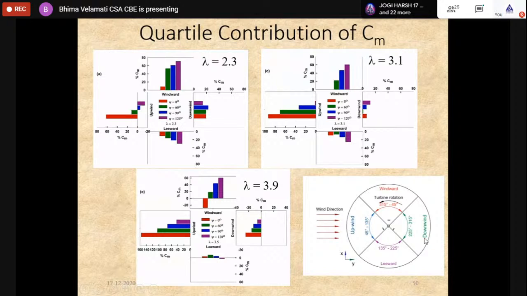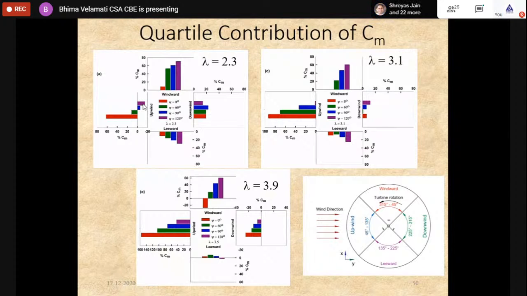Downwind is the region where it will never contact with wind. Windward and leeward, it will come partially in contact with wind. The red color indicates the straight blade, and the exact opposite, violet, indicates the 120 degrees helix angle.